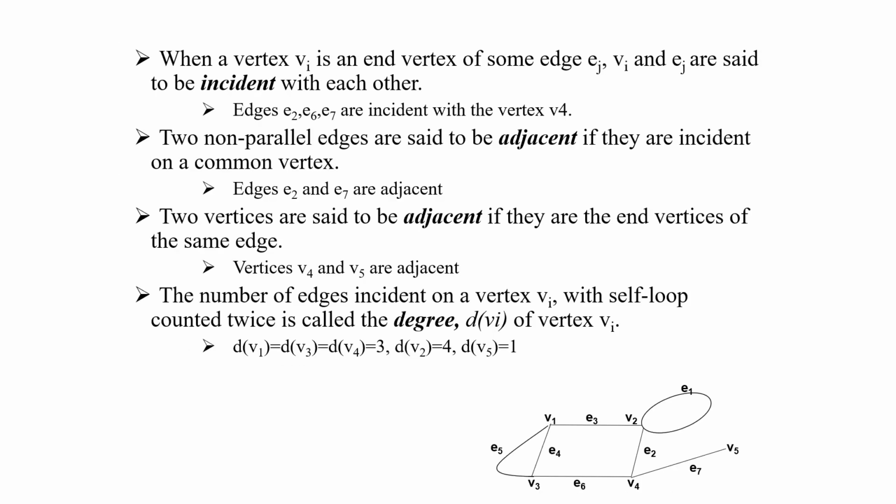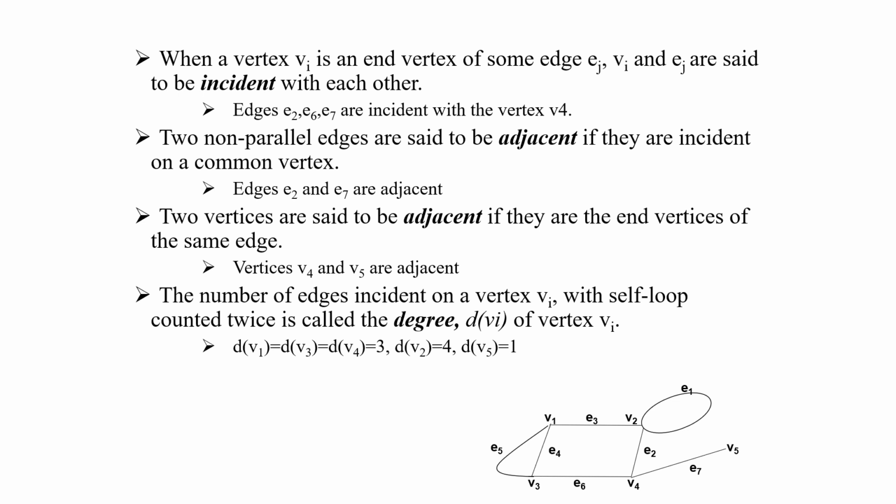When a vertex Vi is an end vertex of some edge Ej, Vi and Ej are said to be incident with each other. Edges E2, E6, E7 are incident with the vertex V4. Two non-parallel edges are said to be adjacent if they are incident on a common vertex.